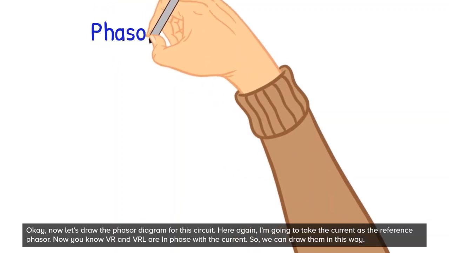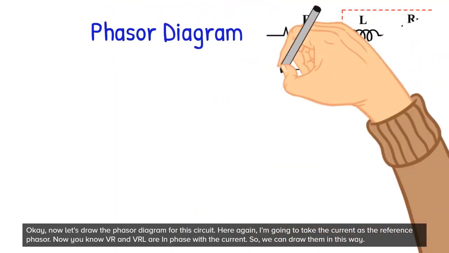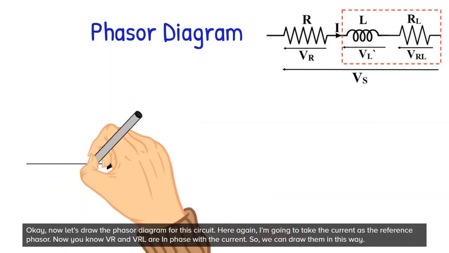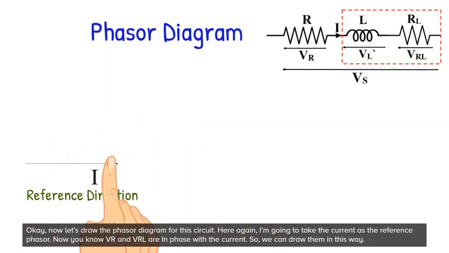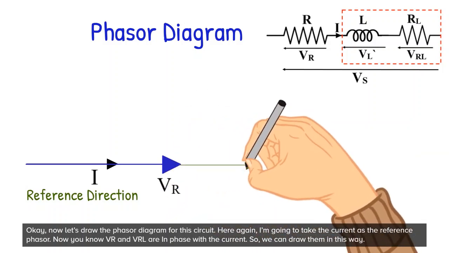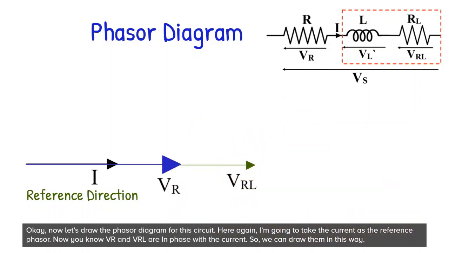Okay, now let's draw the phasor diagram for this circuit. Here again, I'm going to take the current as the reference phasor. Now you know, VR and VRL are in phase with the current, so we can draw them in this way.